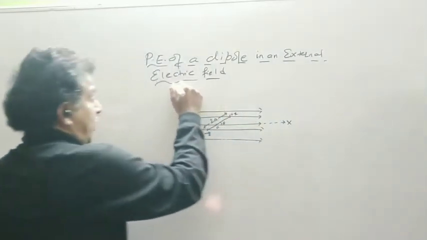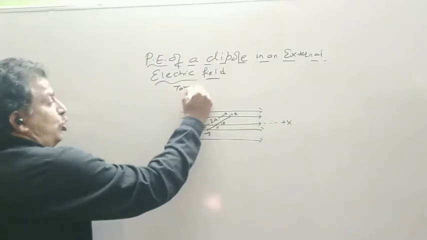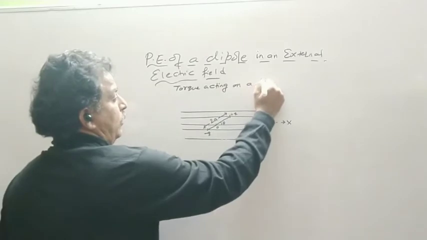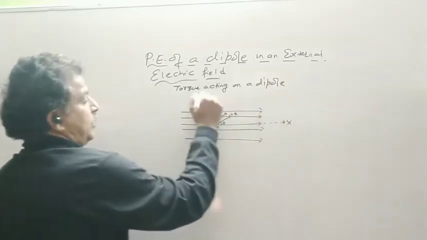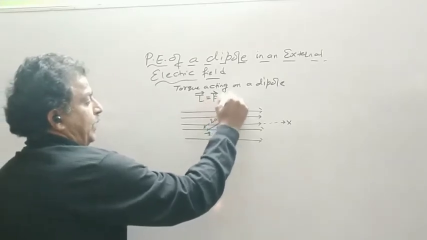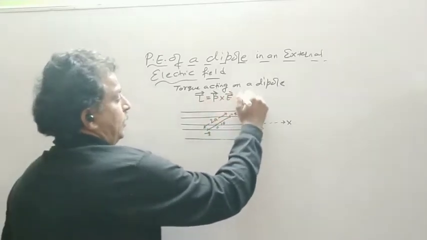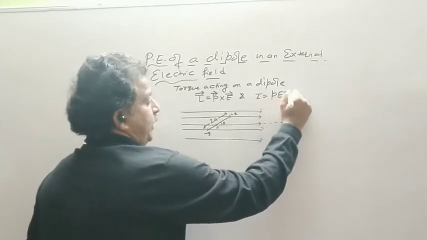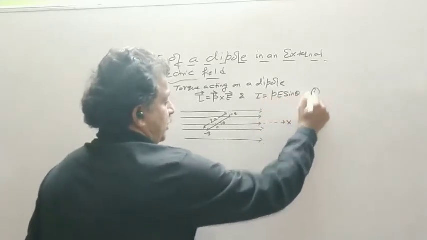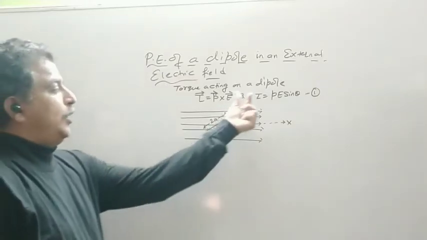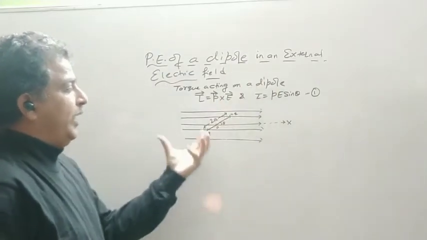So we know the torque acting on a dipole: tau vector was equal to P cross E, and the magnitude was written as PE sin theta. Let this be equation 1. So that is the torque acting on a dipole in a uniform electric field.